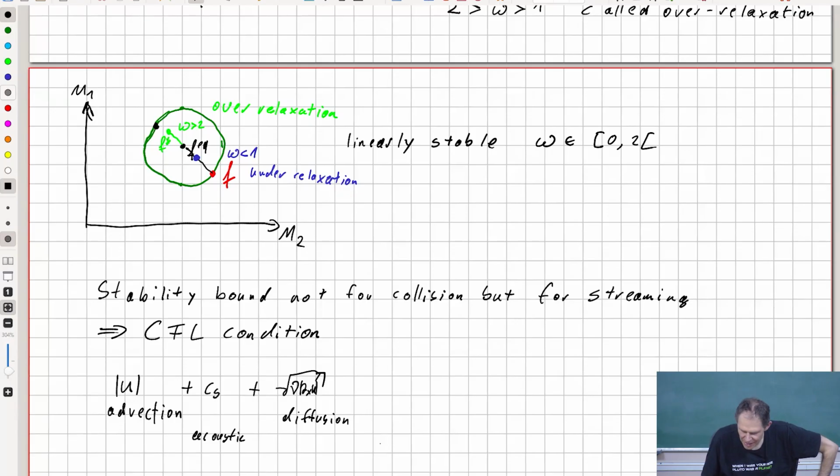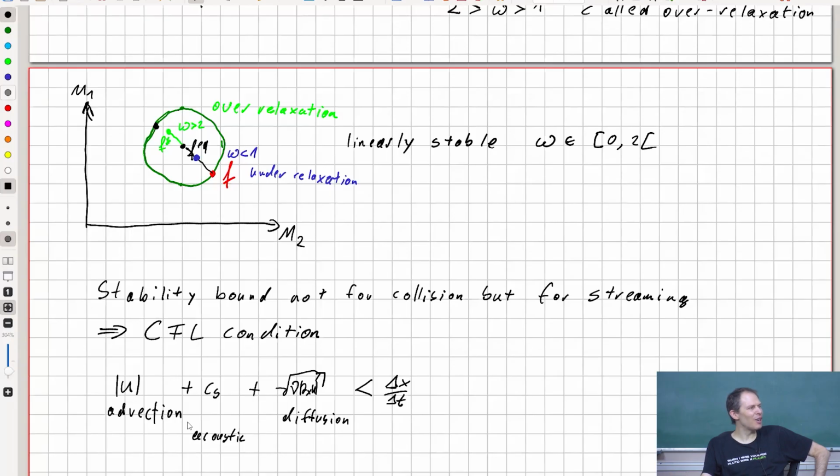All together they need to be smaller than delta x by delta t, because this is the velocity at which information flows on the lattice. So this is the final stability criterion for the lattice Boltzmann method. Your method will crash when you violate this condition.